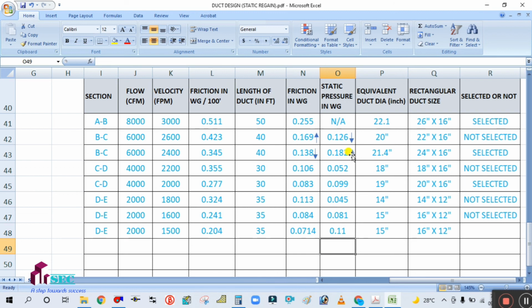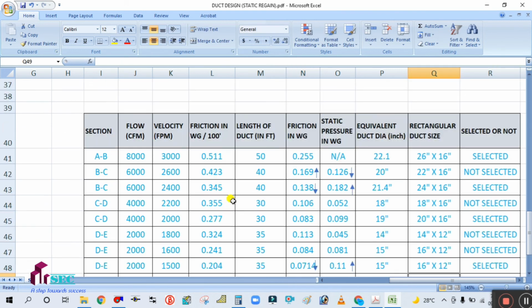So simply copy this one, put it here. This is higher than this one. Now again copy this, place it here. Your friction loss is less than the static pressure, which is higher, so this duct is selected.